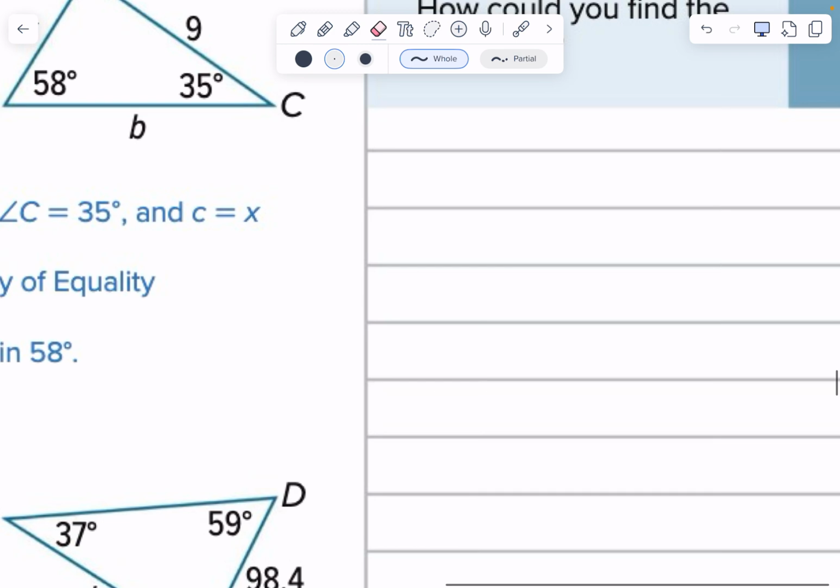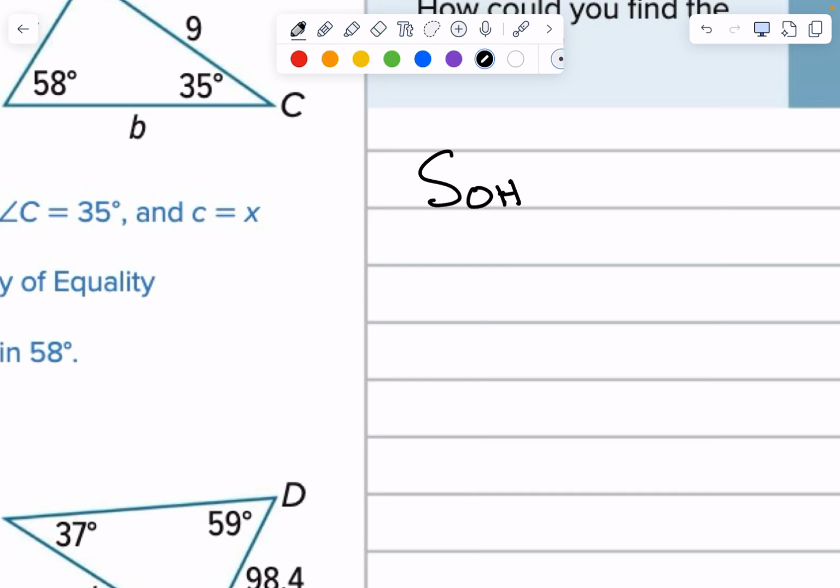In this bottom corner, we have been doing SOHCAHTOA the last couple days, right? SOHCAHTOA is only specific to right triangles. It has to have a right angle or we can't do it.